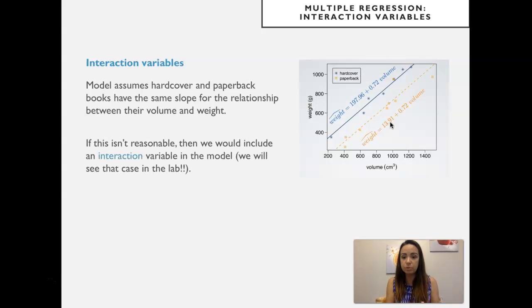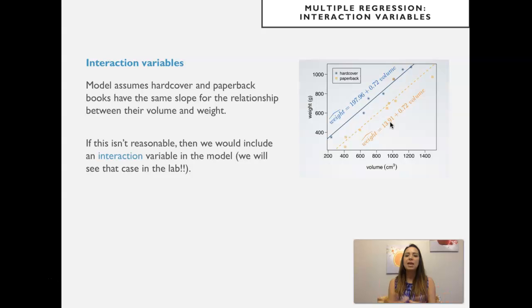If this isn't reasonable, if when you explore the data it suggests that the way weight changes with volume is quite different for two levels of a different variable, it would suggest an interaction is at play. Then we can include an interaction term in the model, and we'll see that with a problem case in the lab. Okay? We'll work through that.